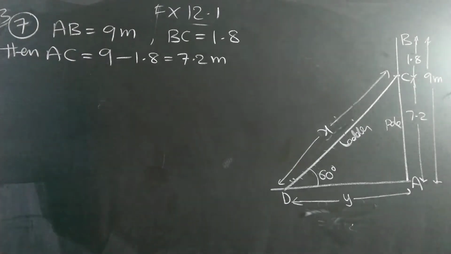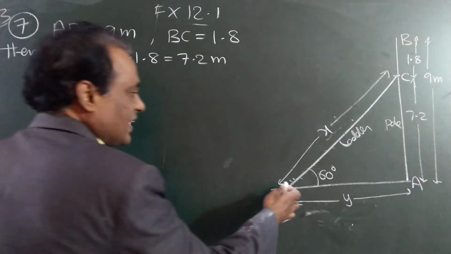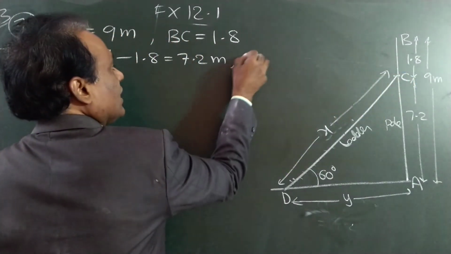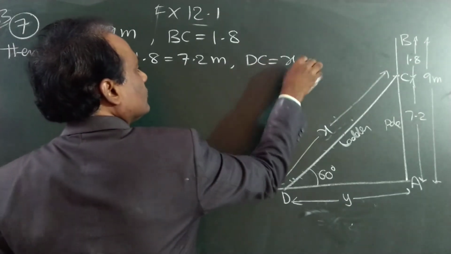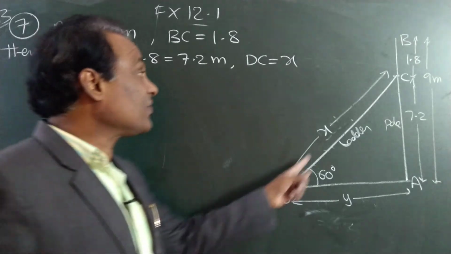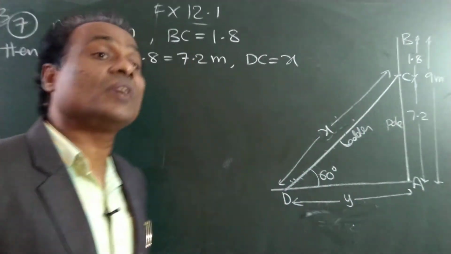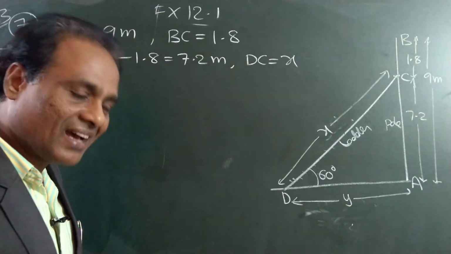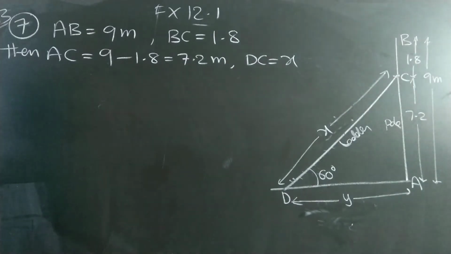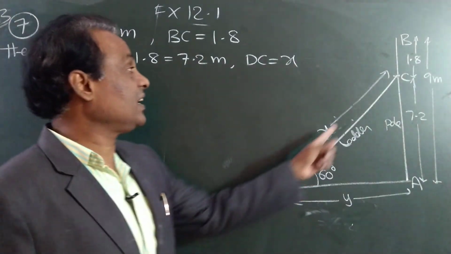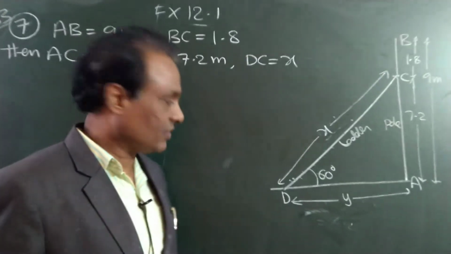Let the length of the ladder DC be equal to x. This is the ladder.